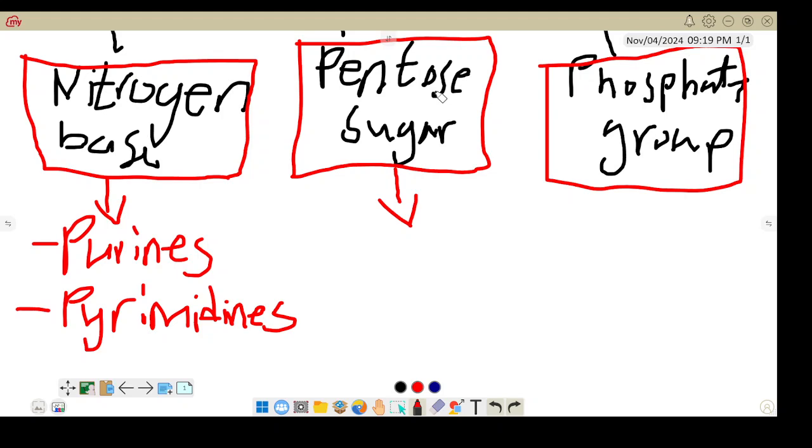If it's a hexose, it will be 6. Now the pentose sugar, we have 2 types. We have the ribose sugar. So this is our ribose.